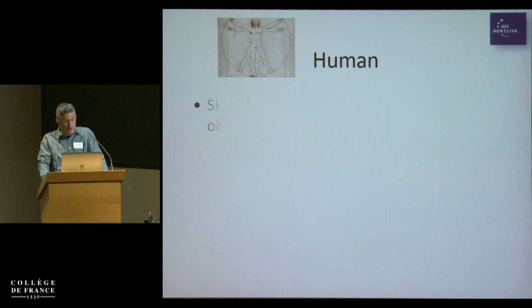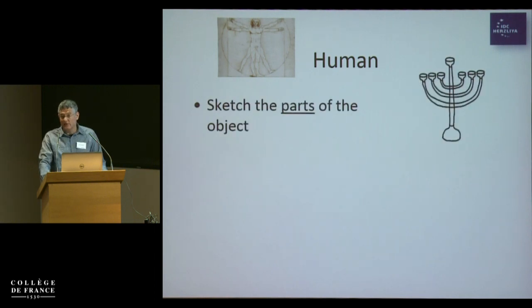Yet again, the human sketches the parts, so there's no need for a program to create three-dimensional objects on its own. It's something that someone has in mind and uses very simple, rough sketching, I would say, to create the object. But the important thing here is that it is sketched using parts, right?